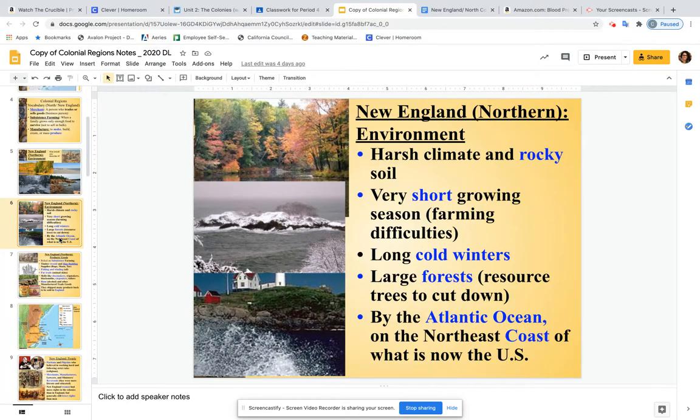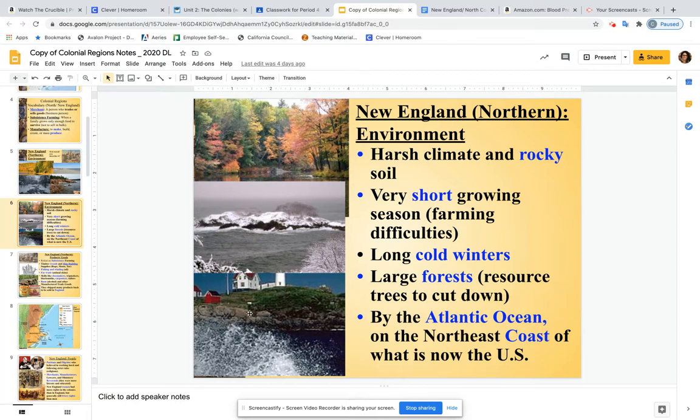And then we talked about the New England environment, that it is a harsher climate because it's farther north. They have a very short growing season and very long cold winters. So that's why families can't really grow a lot of extra food for themselves.